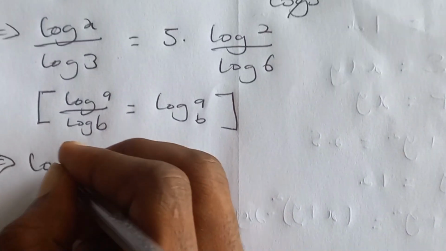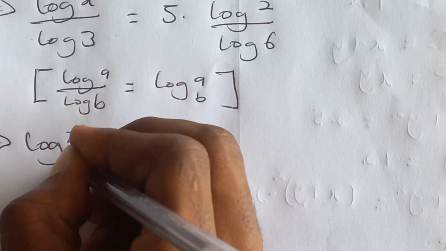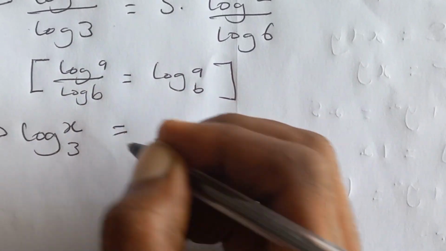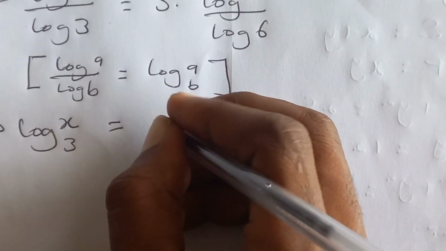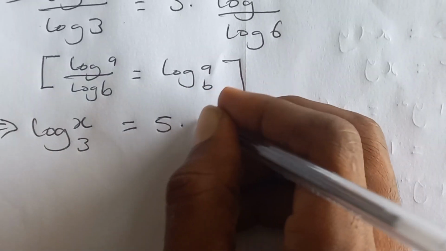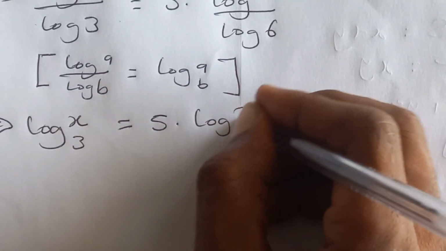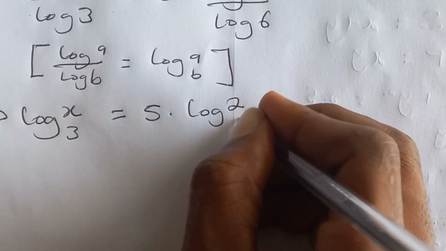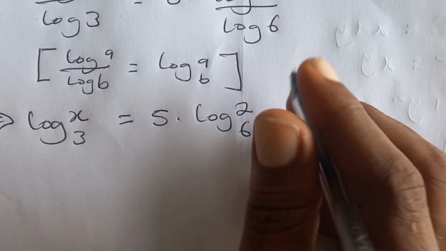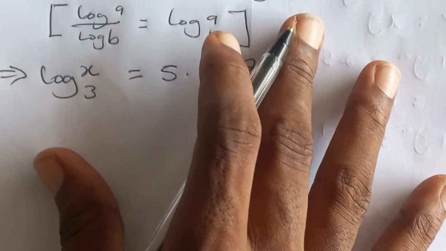So now our left hand side becomes log x base 3, which is equal to 5 multiplying log 2 base 6, to simplify this nicely.